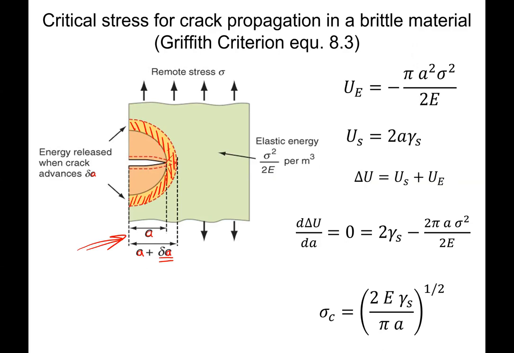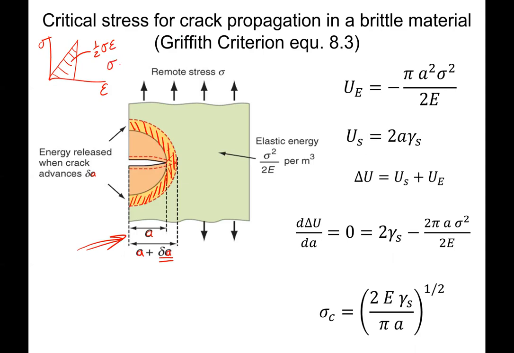advances forward. Now that elastic strain energy is basically given using Hooke's law and taking a look at the area under the stress strain curve. So if you think about the stress strain curve, and we have Hooke's law, then what we're looking at here is an energy or an area of 1/2 stress times strain.